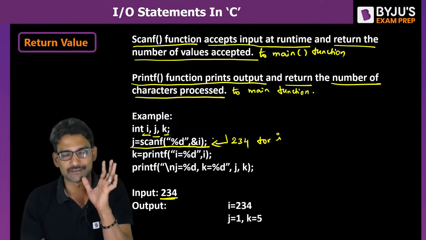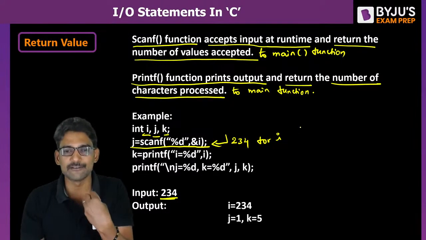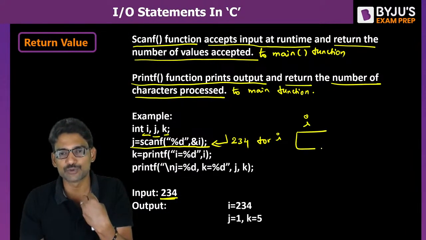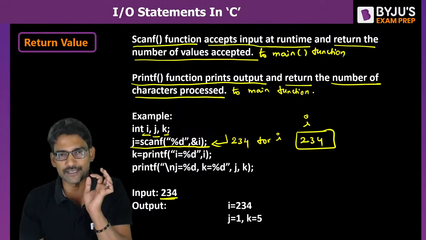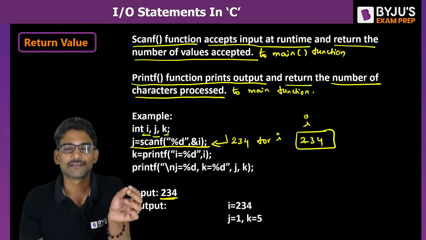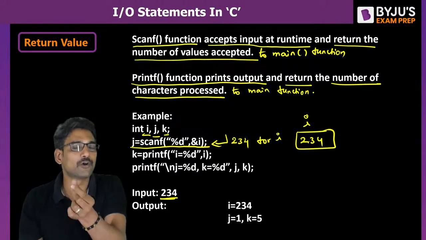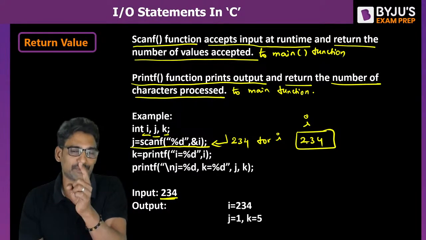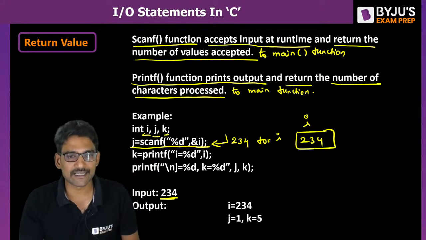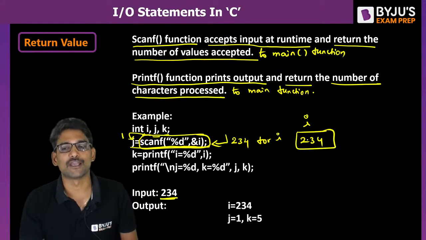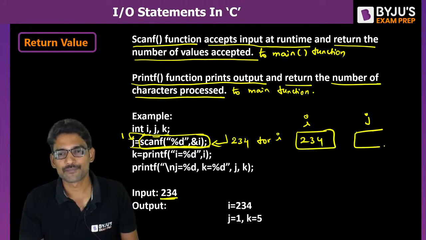So scanf accepts this 234, stores it in the address of i, and returns how many inputs it has taken: one input for one variable. That is assigned by main to the LHS. What is the LHS? j. So what would be j? 1.